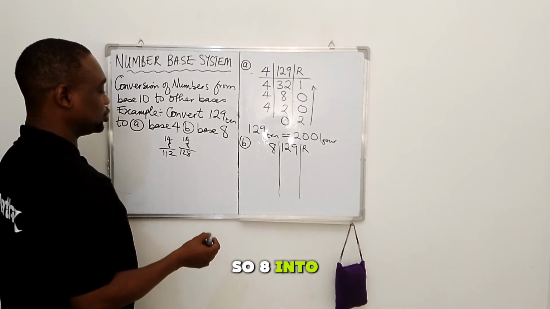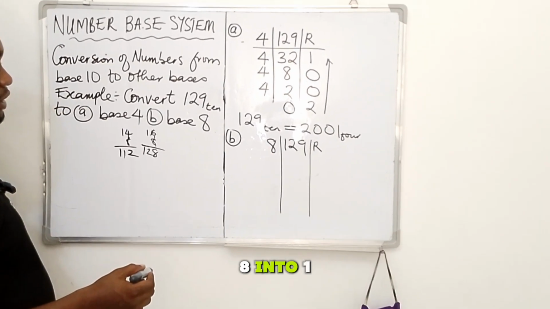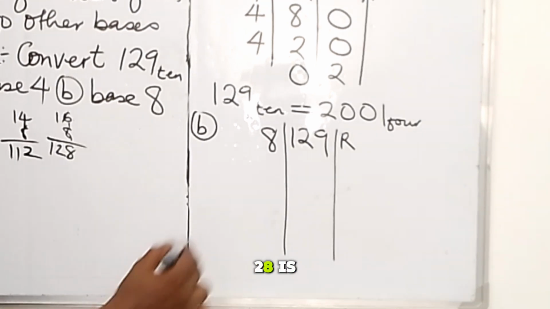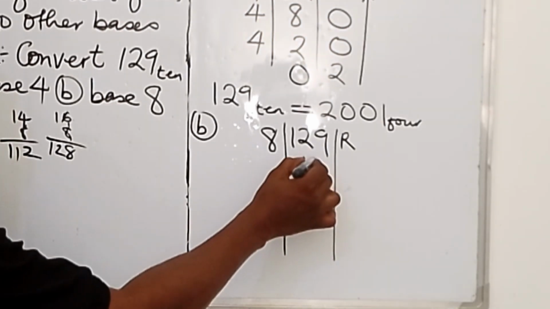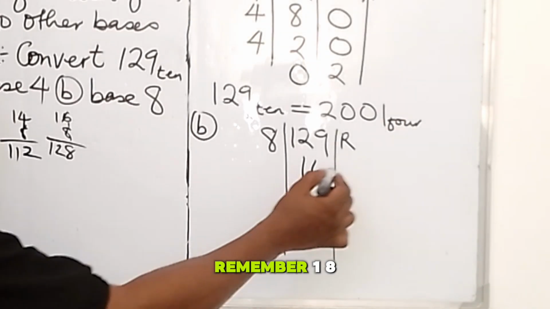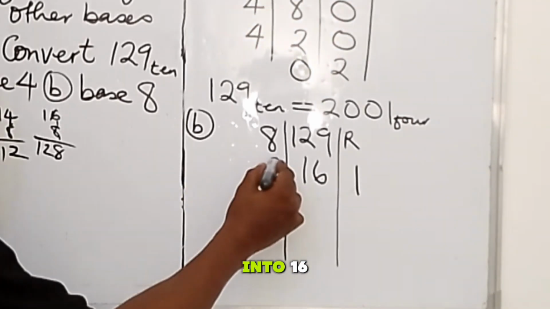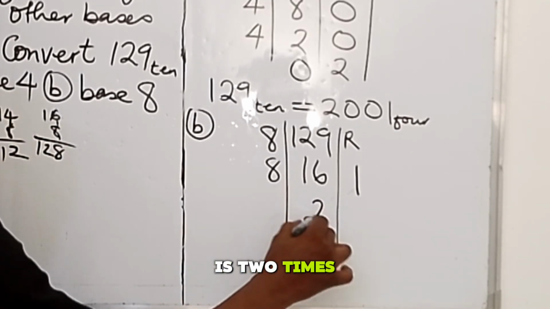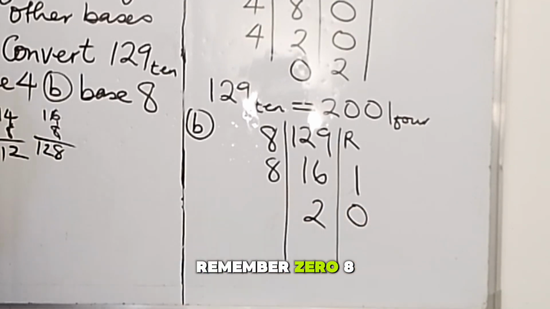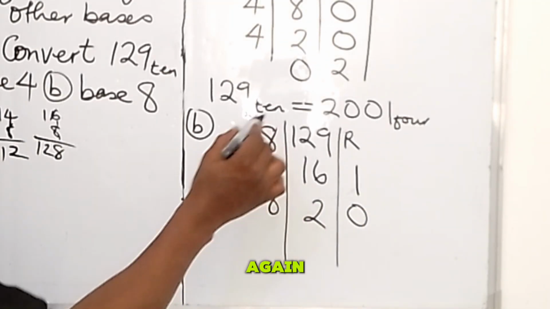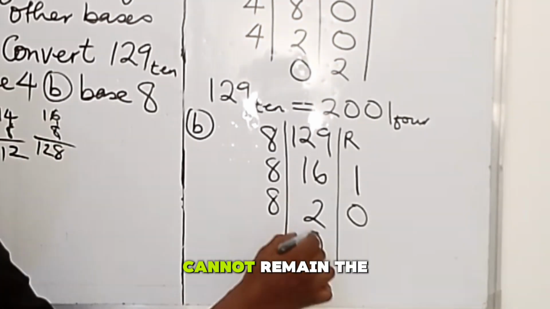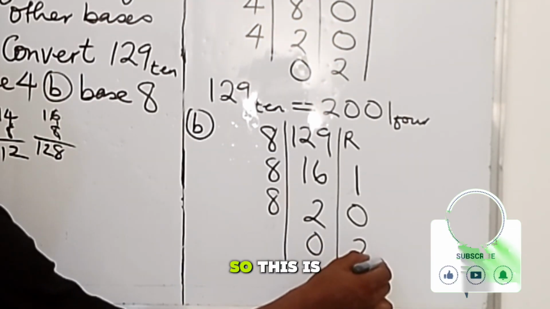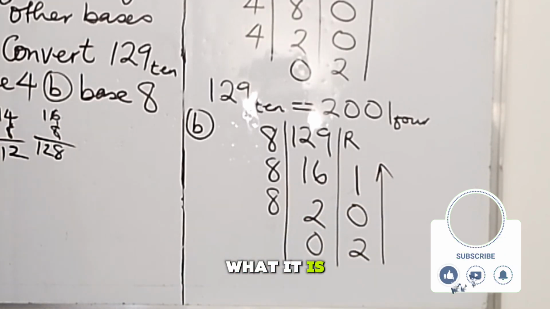So 8 into 128 is 16 times. Remainder 1. 8 into 16 is 2 times. Remainder 0. 8 again. 8 into 2 cannot. Remainder 2. So this is what it is.